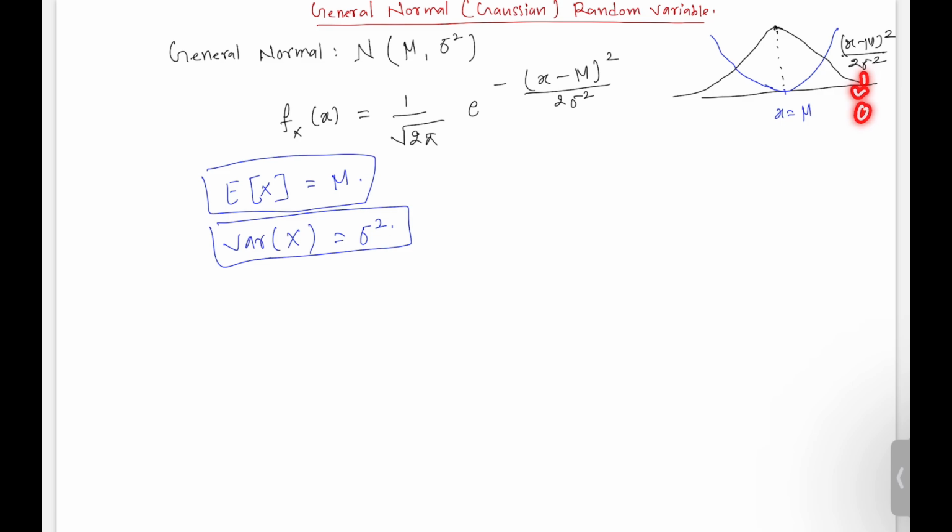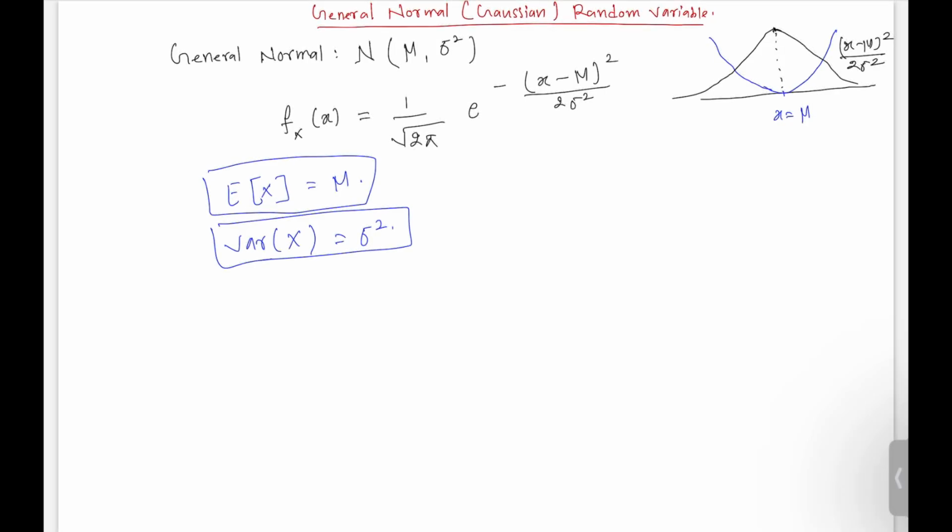If sigma tends to 0, then this whole term tends to infinity, right? The overall point is that if sigma is very small, then this quantity would be large even for a small value of x. So this would be a narrower parabola, right? Because even if you take a small value of x, this expression would be large, and it will be a narrower parabola.